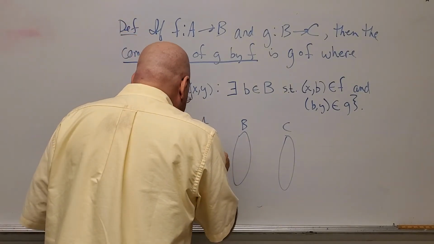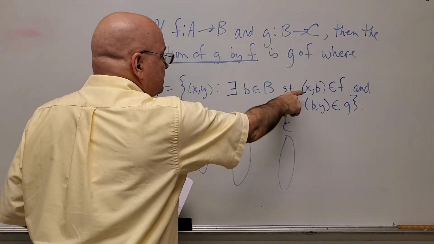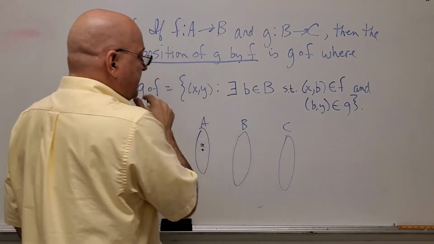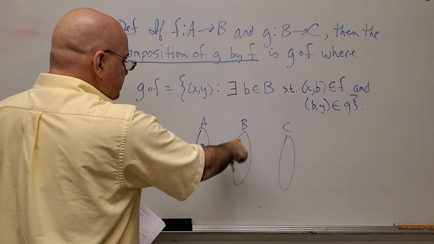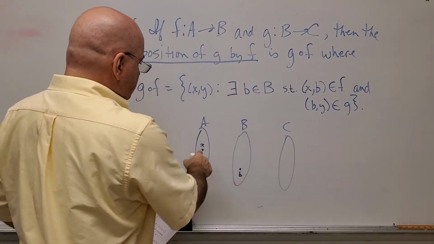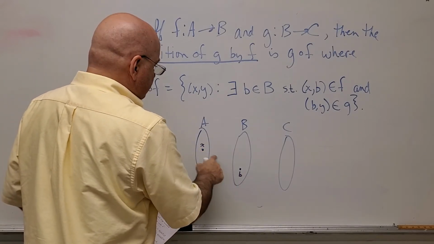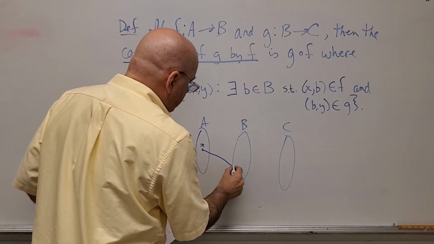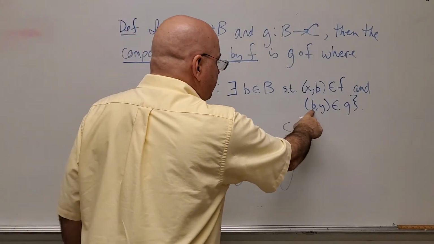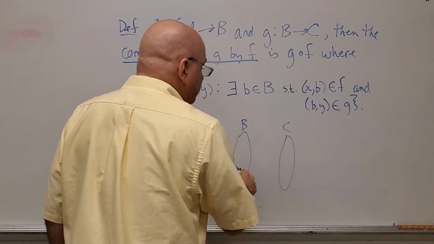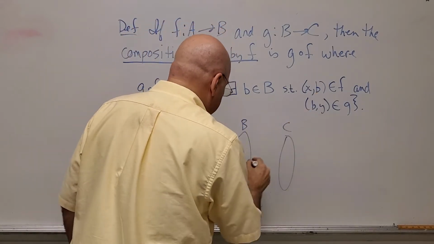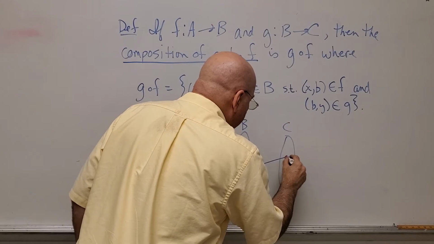So I'll take a little a, let's use the same letters, x has to be in the set A. There has to exist some b over here such that f maps x to b, so that's an ordered pair (x, b), and there has to be an ordered pair (b, y) in the function g, which means there's a b in this set, same b as a matter of fact, that b matches that b, and there's a y right there.